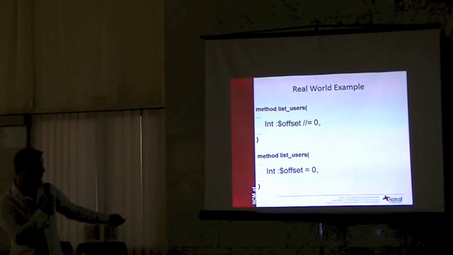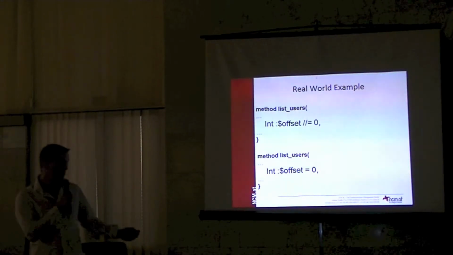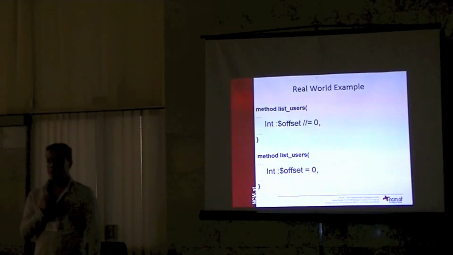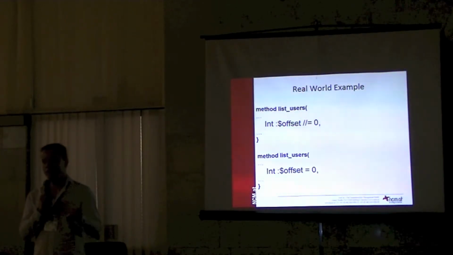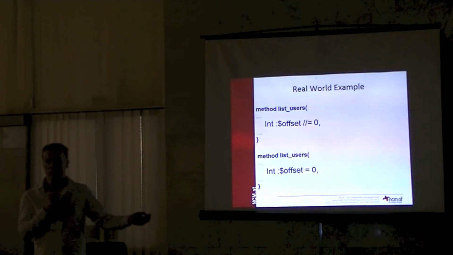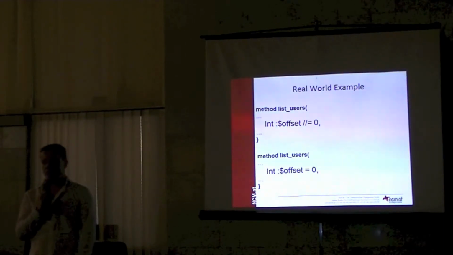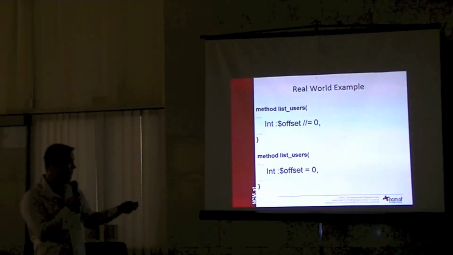When you write it like this, the offset is set to 0 if it's not passed. But if you pass an undef value on this, it's not going to be 0, it's going to be undef. And the second one is going to be 0 even if you pass an undef. So this is different.